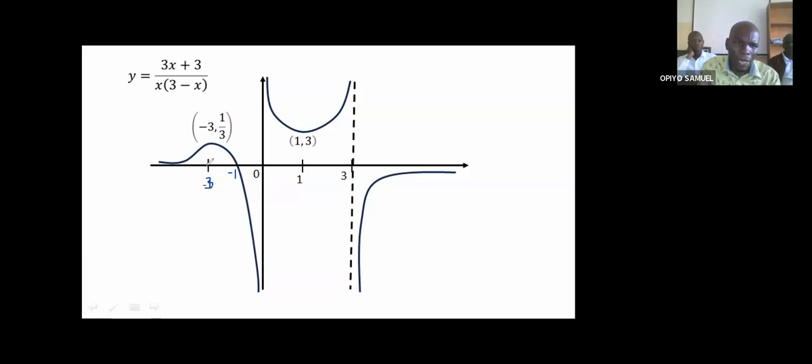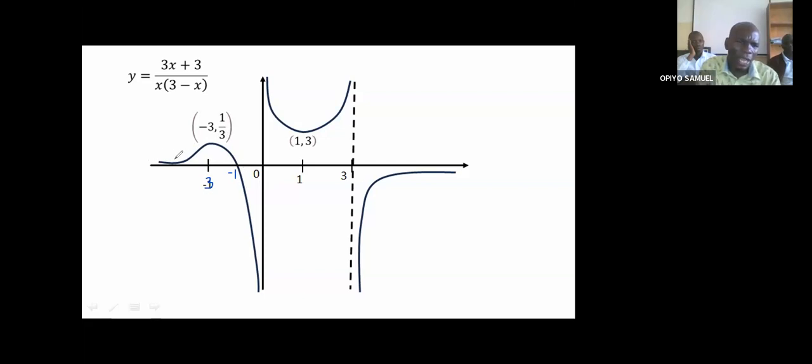So between negative infinity and -1, the curve is positive, so it must be above the x-axis, and there is a turning point which is a maximum. And the line y equals 0 is an asymptote.